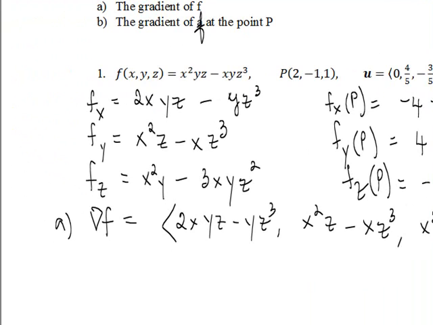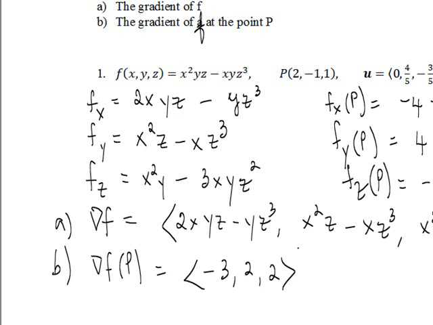And then B, the gradient at the point P, so del F at P is just minus 3, 2, 2. Okay?